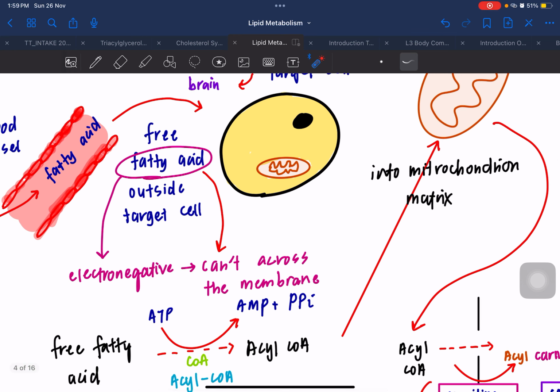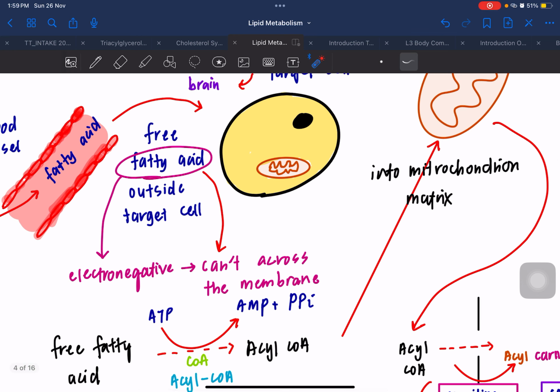So bagaimana this process? From free fatty acid yang dekat luar ni tadi, dia akan produce acyl CoA by the enzyme acyl CoA synthase. Maknanya kita synthesize the acyl CoA. So we use the acyl CoA synthase, and in this phase, we need 2 ATP, or we need 2 high energy.